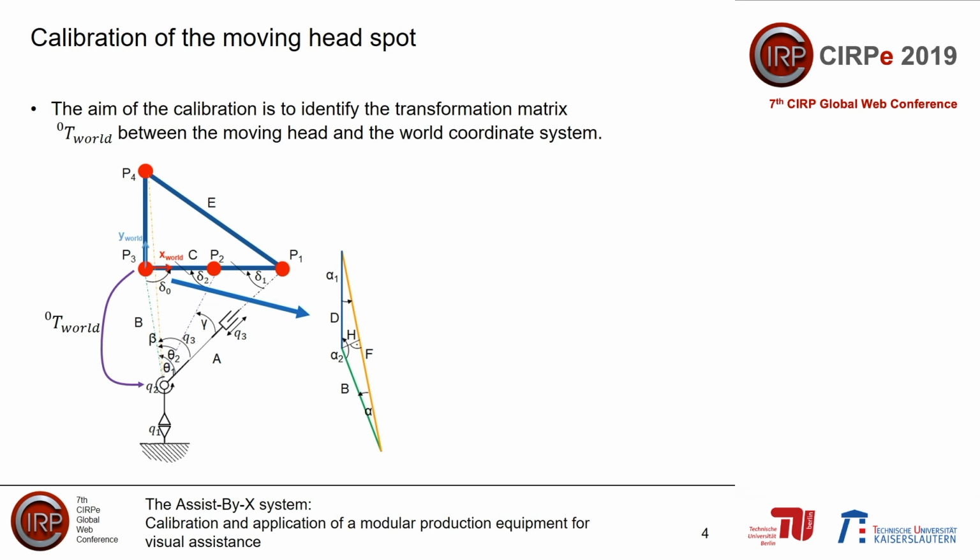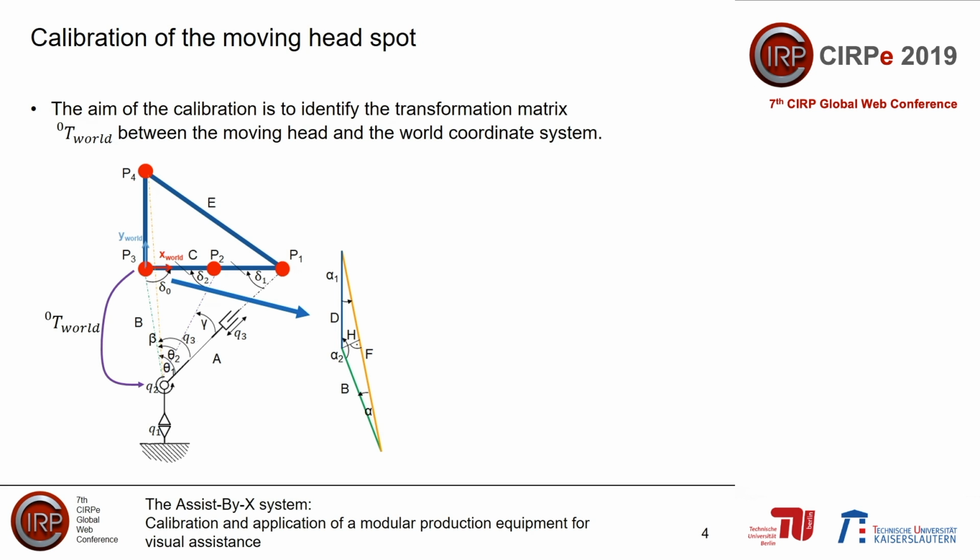The aim of the calibration is to identify the transformation matrix T world to 0 between the moving head and the world coordinate system. A methodology is developed at ZEMA for this purpose. Four points are defined on the world coordinate system.